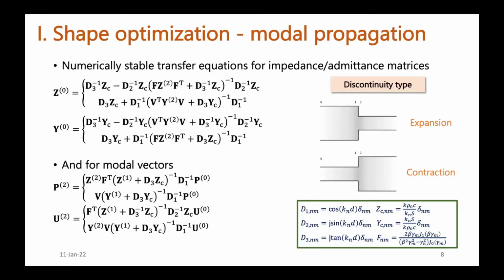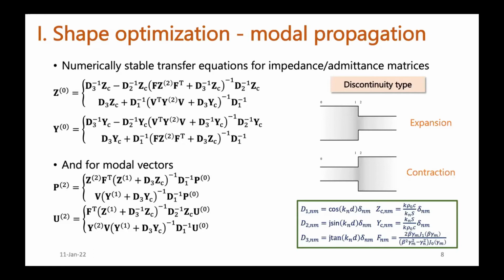The expansion, the combination of the expansion and the contraction. For example, if an expansion is followed by an expansion, we should use the first equation to propagate the impedance at position 2 to impedance at 0, because we allow the shape to vary everywhere along the axis.